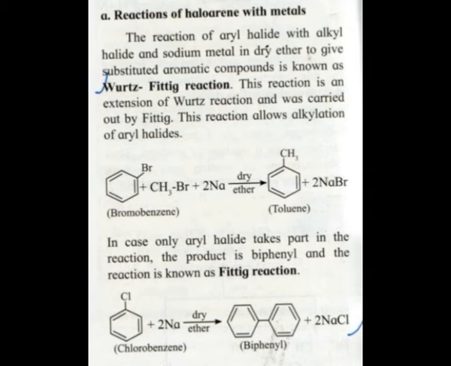So see, bromobenzene plus methyl bromide reacting with 2Na in presence of dry ether, giving you toluene plus 2NaBr. In case only aryl halide takes part in the reaction, the product is biphenyl and the reaction is known as Fittig reaction.